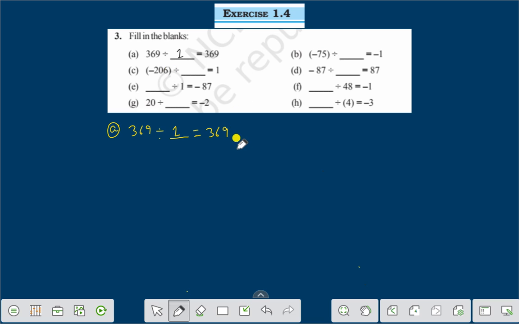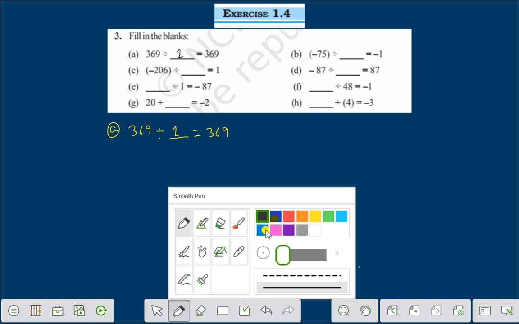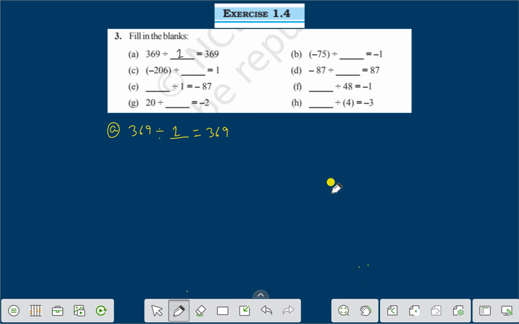Now question number B. What is question number B? Question number B is minus 75 divided by dash is equal to minus 1.